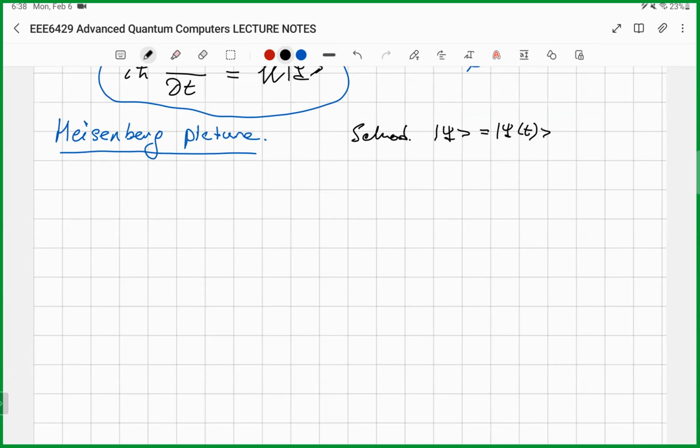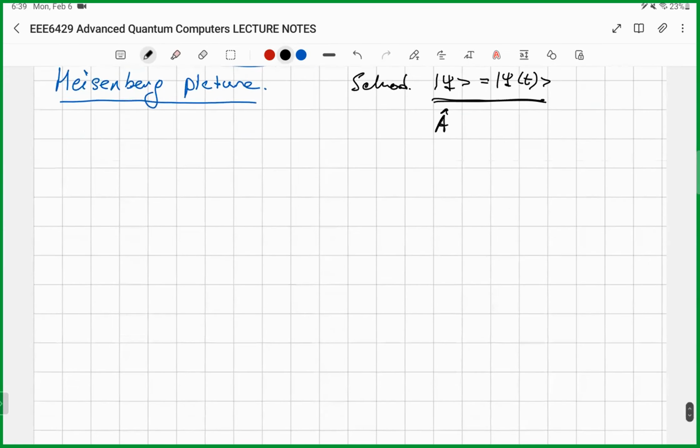So it is a function of time, and all the evolution of the quantum system basically sits in this function. At the same time, the operators, for example some operator A, don't depend on time. So all my dependence on time sits in the psi vector, but the operator is time independent.